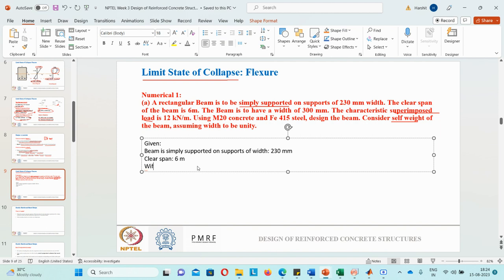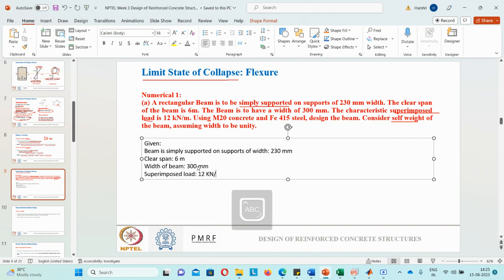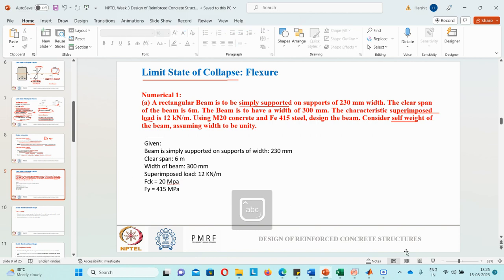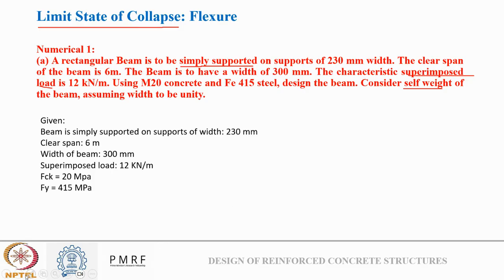Width of beam is given as 300 mm. Superimposed load is given as 12 kilonewton per meter. fck we know is 20 MPa and fy we know is 415 MPa.